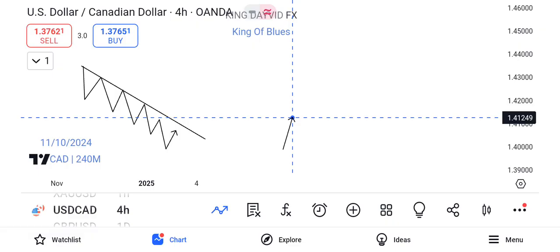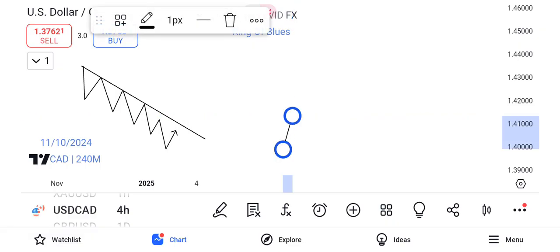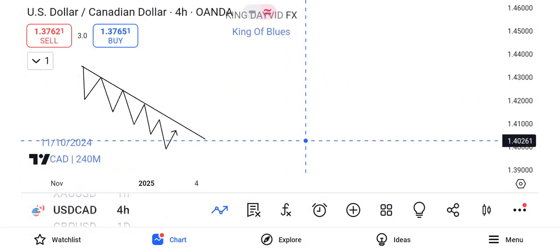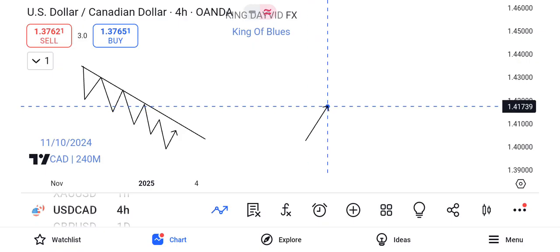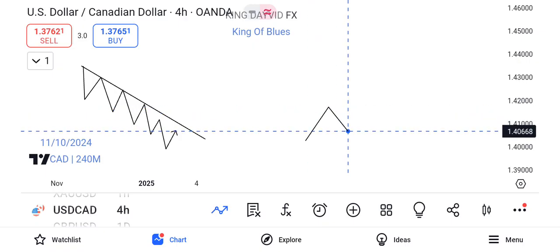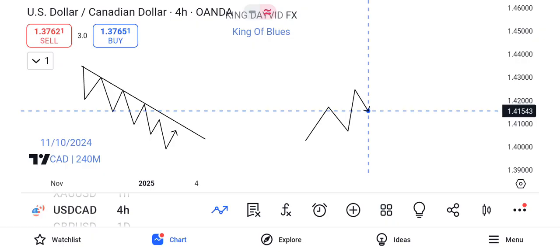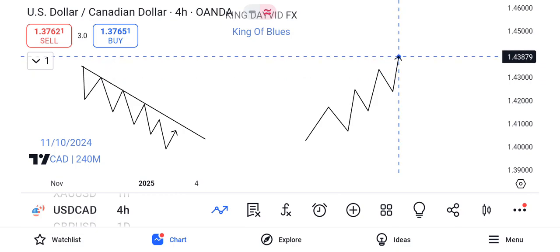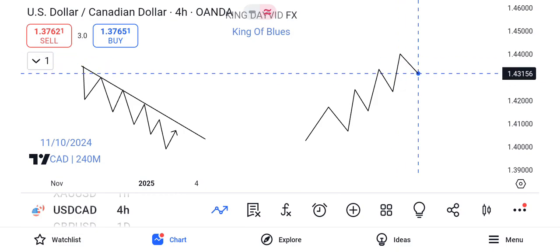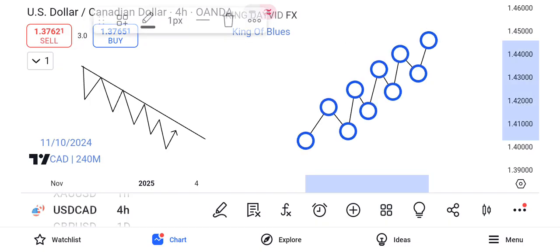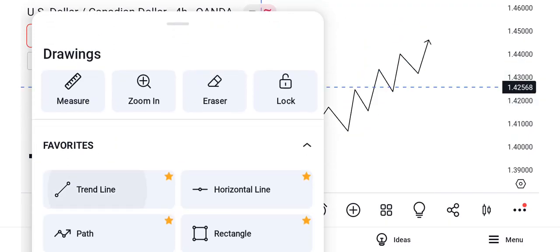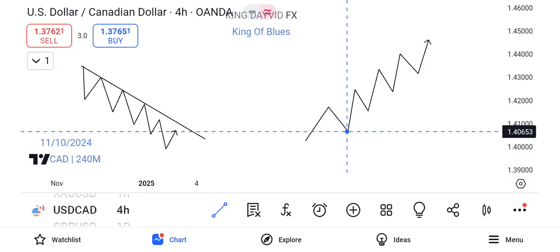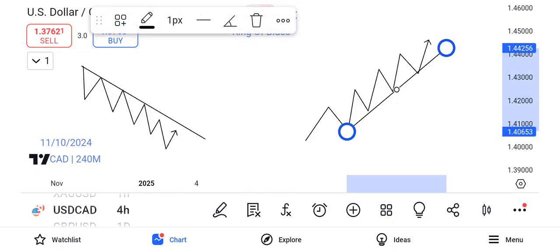The price moves up, then moves down, up, down, up, down, up, like that. If I pick my trend line right here also, you will see that we are in an uptrend because the market is moving in an upward direction.